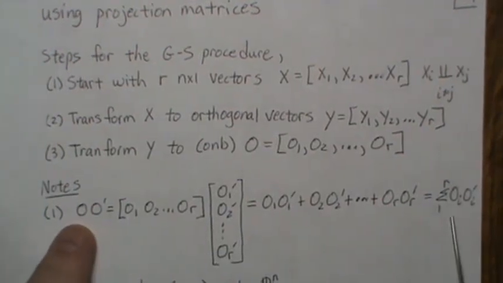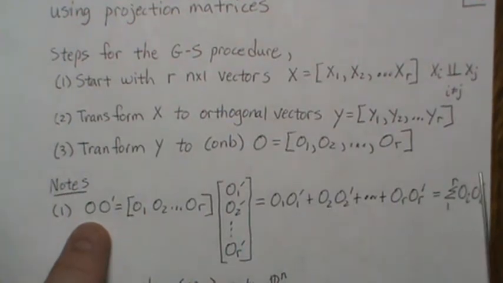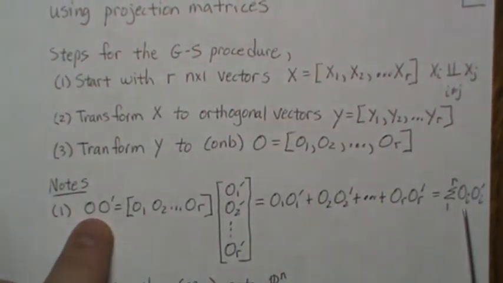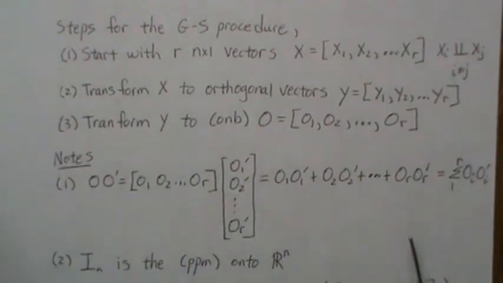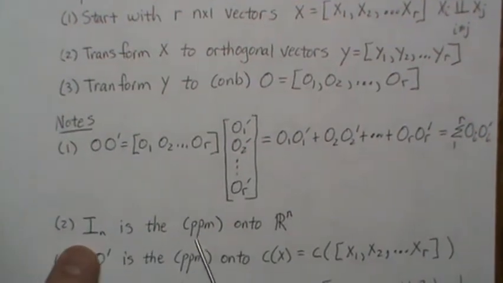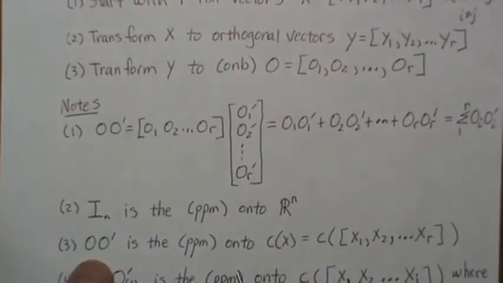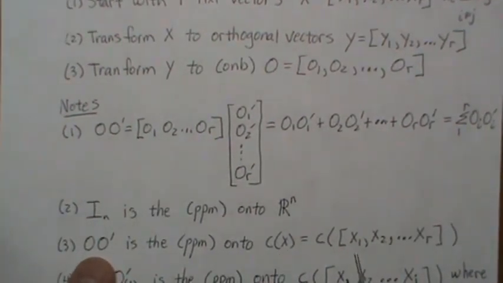The reason I'm showing you this is that in most references you see it written like this, as opposed to just this matrix product. I think it's cleaner to write it like this, but you'll always see it like that. I is a perpendicular projection onto R^n space. OO prime is a perpendicular projection on the column space of X, with all our columns.